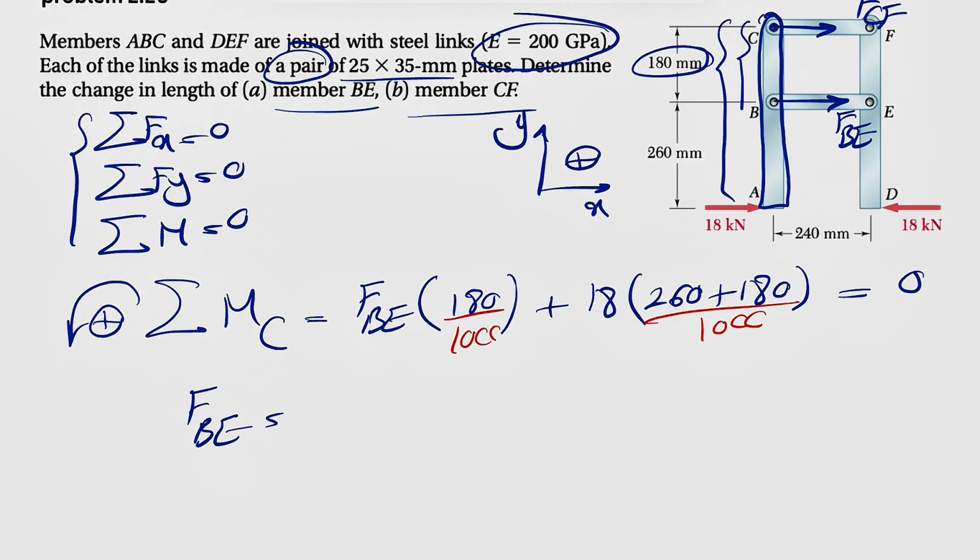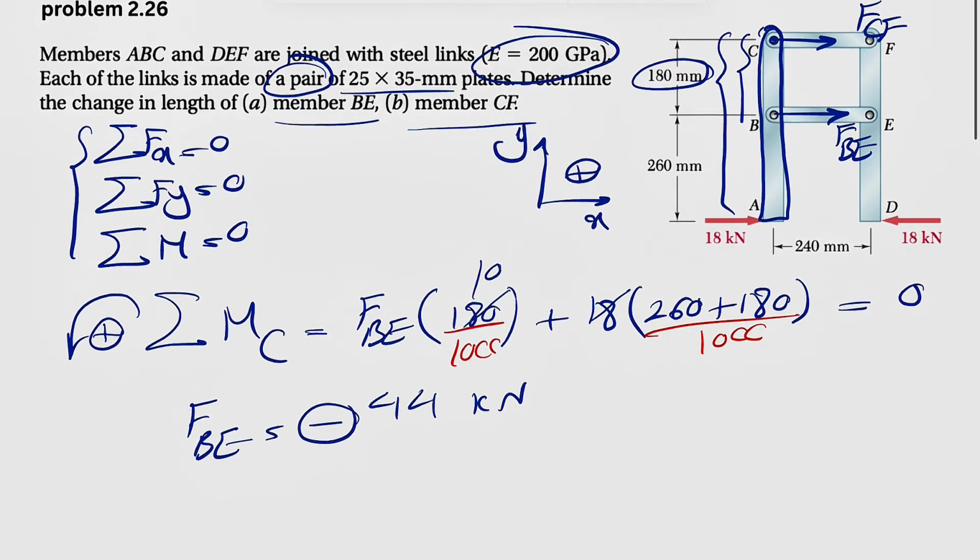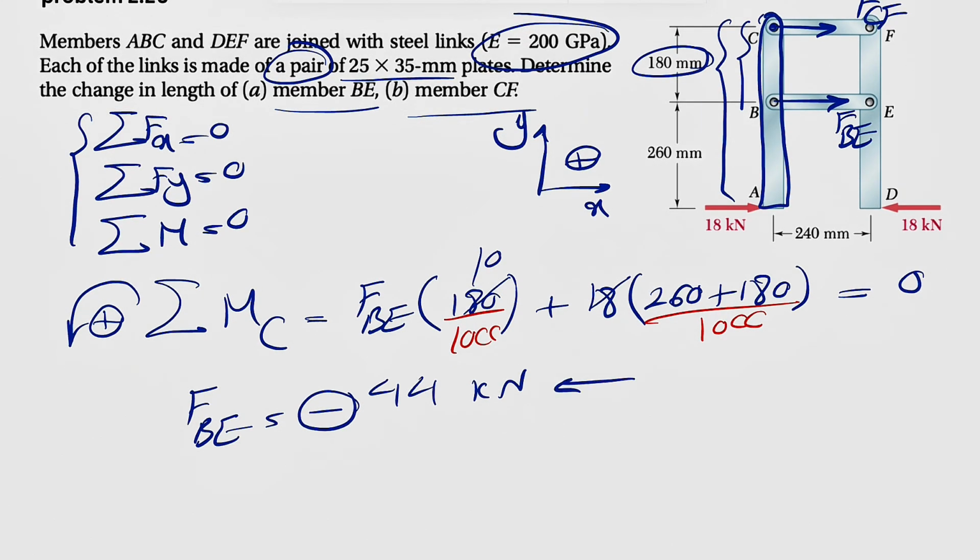So FBE would be basically, and cancel out this 10, 26 plus 18, which is going to be 44, and it will be negative, so minus 44 kilonewton, and the negative sign in here shows that the correct direction was actually to the left. And this is important for us because that's going to determine if the member B is in tension or compression.